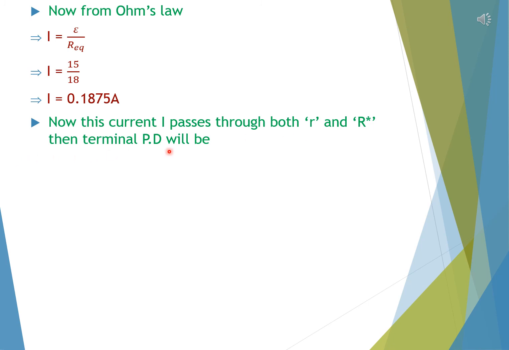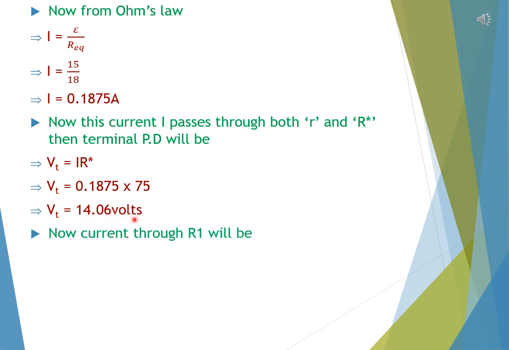Then terminal potential difference will be V terminal is equal to I into R star. By putting the values of I and R star, we get V terminal is equal to 0.1875 into 75. After multiplication, we get V terminal is equal to 14.06 volts.